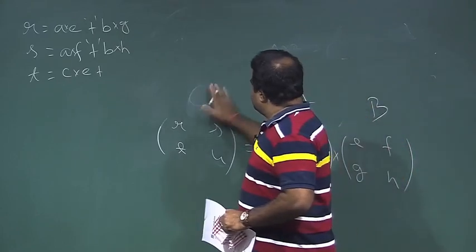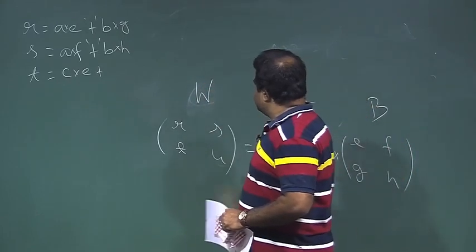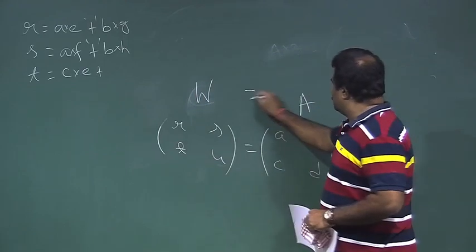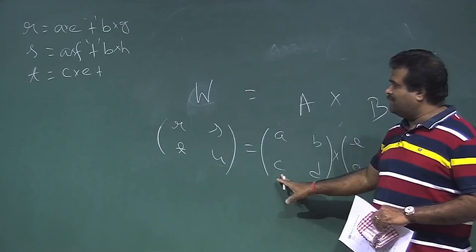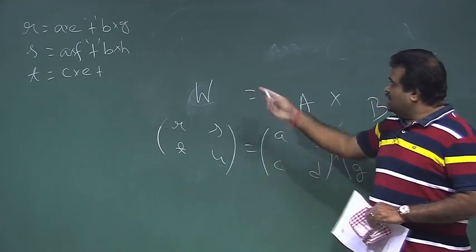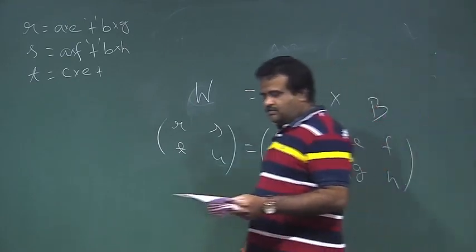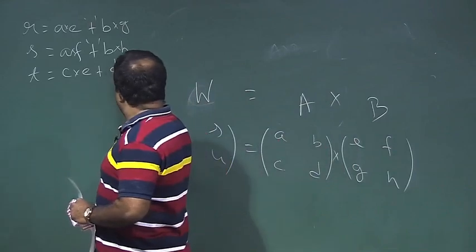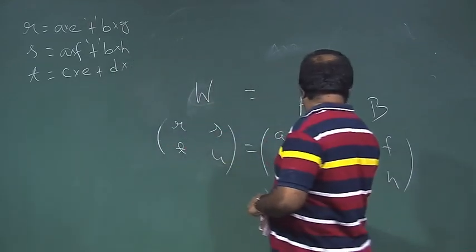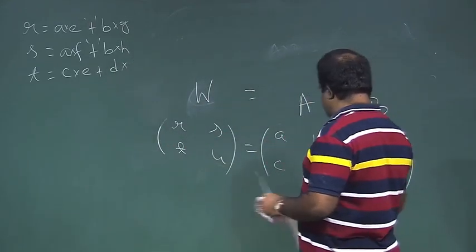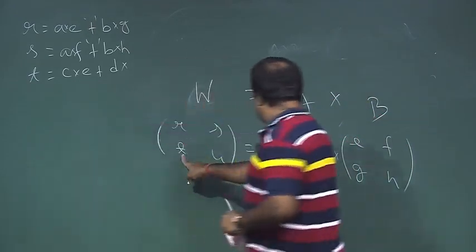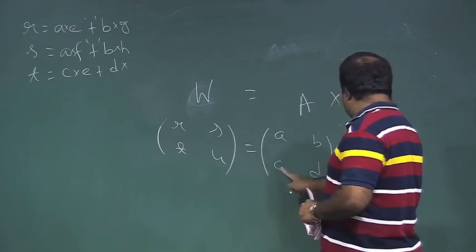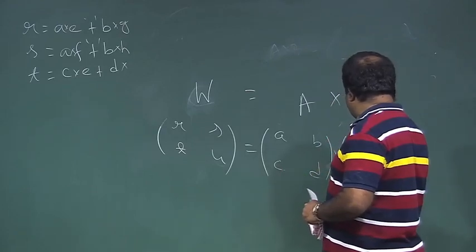If there is any confusion, we can call it some other matrix W, so A cross B is equal to W. Anyway, this is small c, and that is capital. So T is C into E plus D into G.